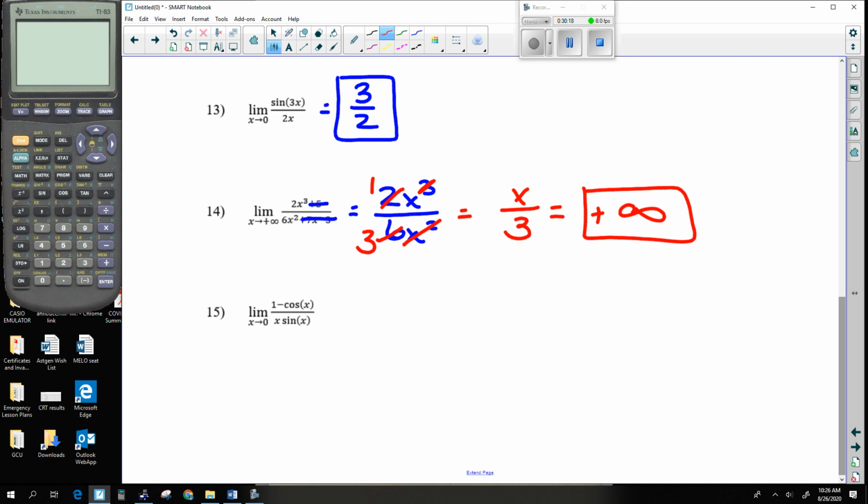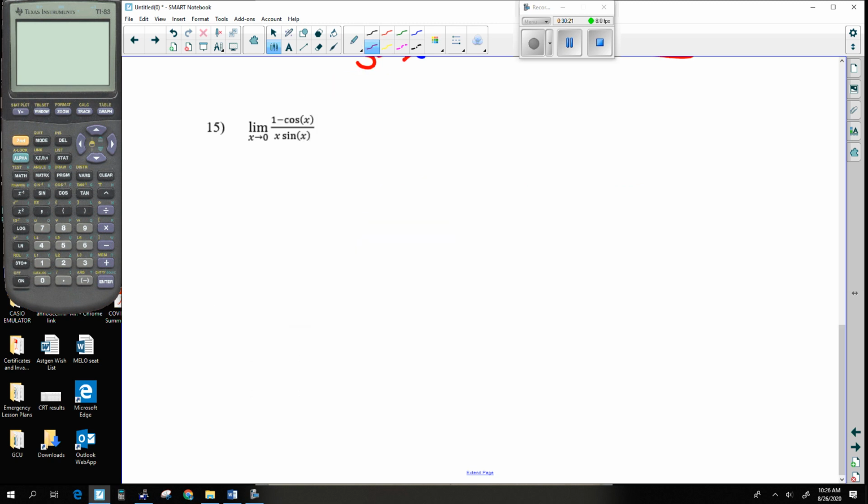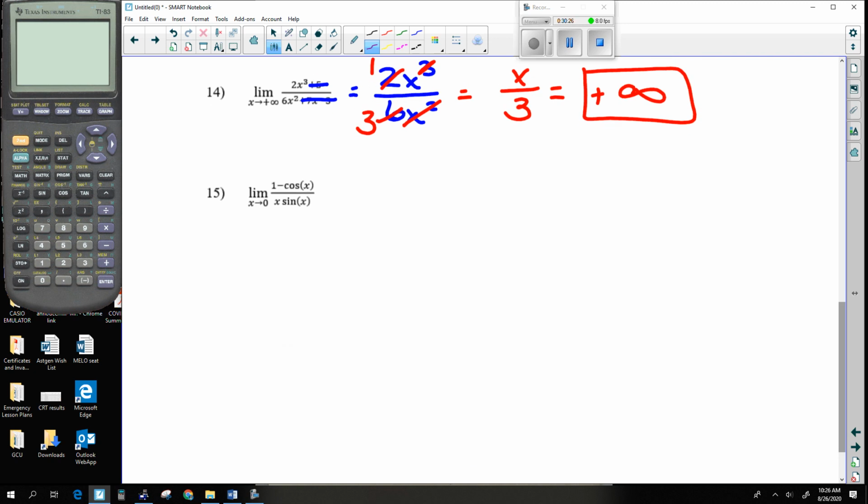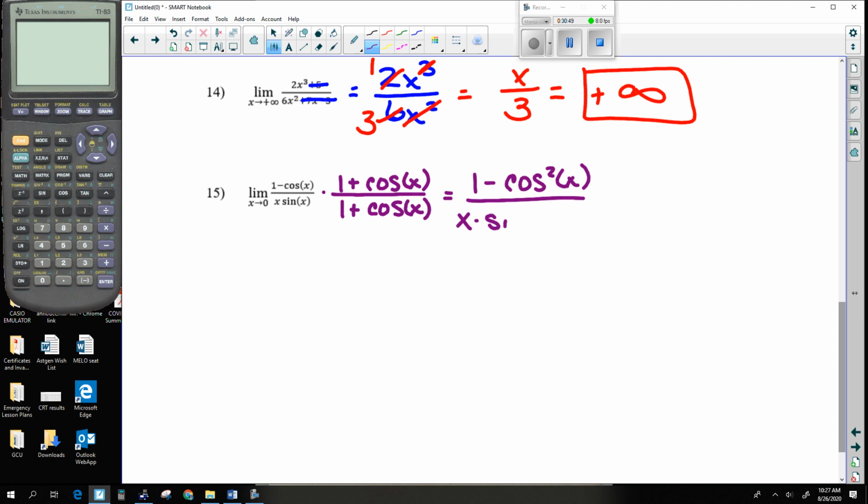Same idea as before. The 1 minus cosine is kind of a tip off that you're going to be dealing with probably a sine squared. And so what I'm going to do is multiply by 1 plus cosine. And so this is going to be 1 minus cosine squared, and then this is x sine x and 1 plus cosine.